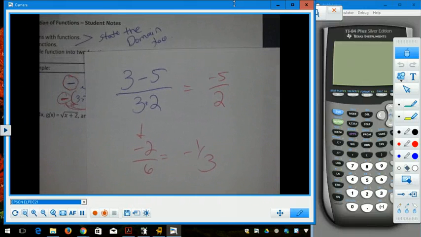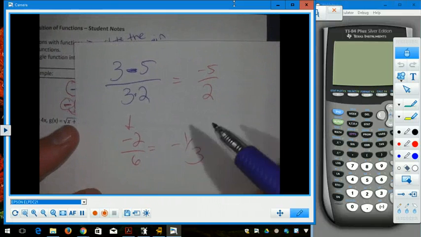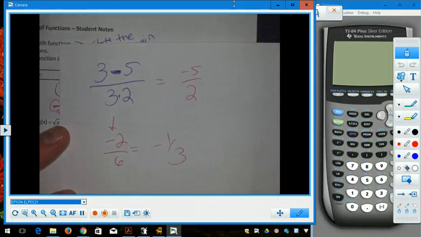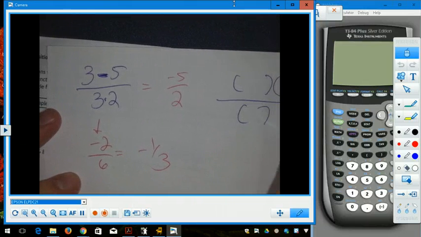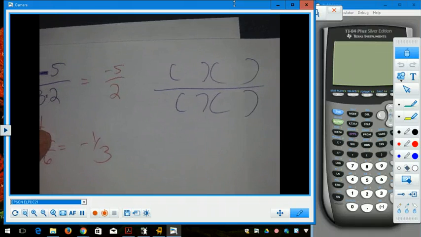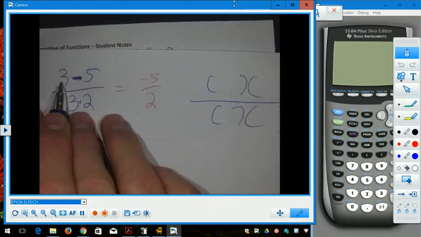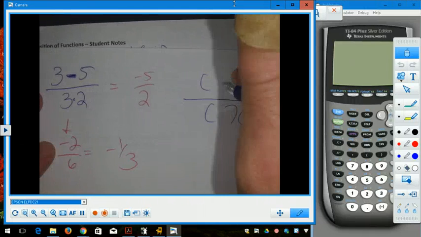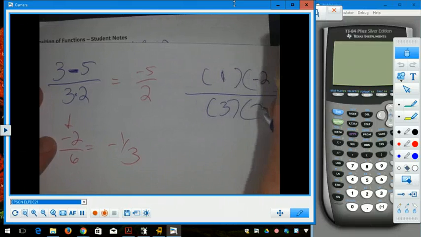Now, notice there was a minus sign. The only time you should be canceling out factors is when you have the products of factors in the numerator and the products of factors in the denominator. For example, if I had instead had 1 times negative 2, and then I had 3 over 2.